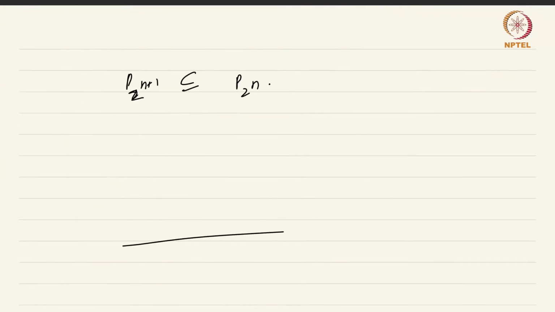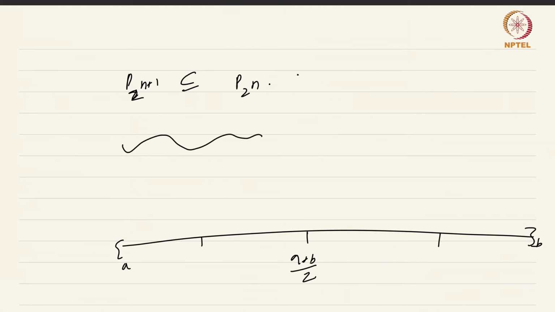Now let's redraw this picture again to get better insight of what is about to happen. This is actually (a plus b) by 2. We have some function, and at some points it's not continuous. So let's say here it's not continuous. What we are going to do is we are going to sample the lower sums. That is, essentially look at the points of minima. For this first interval, it's somewhere like here. So this will be the first piece, and for the second piece also it's almost at the same place.